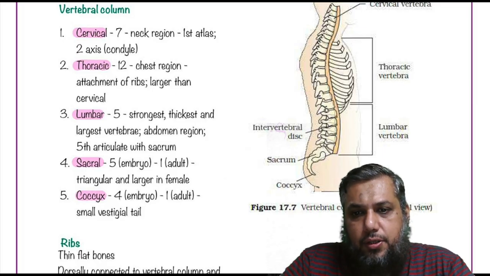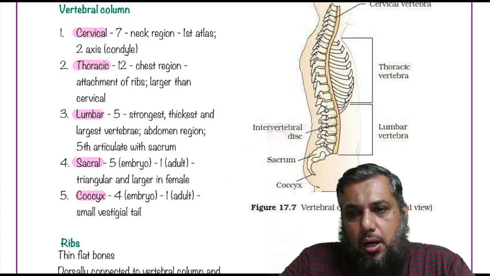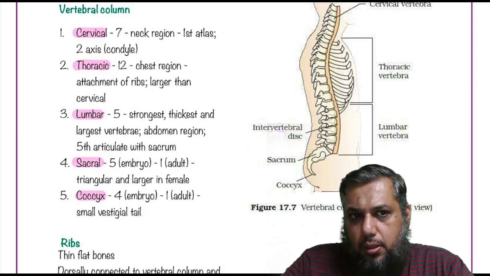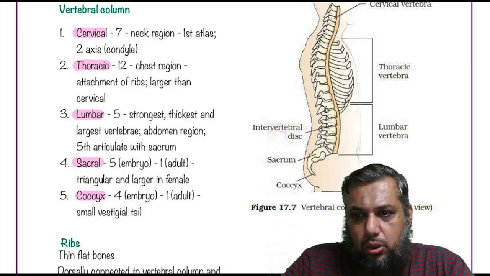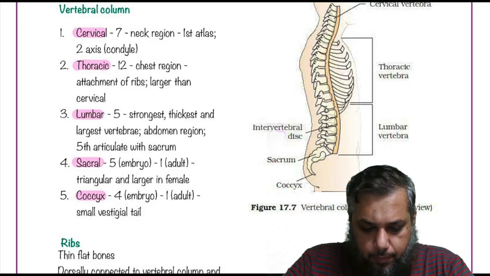So the cervical first and second vertebrae are involved in the formation of the yes and the no joint. Yes joint with the occipital condyles of the skull and no joint with the atlas and the axis, that is the atlanto-occipital joint.